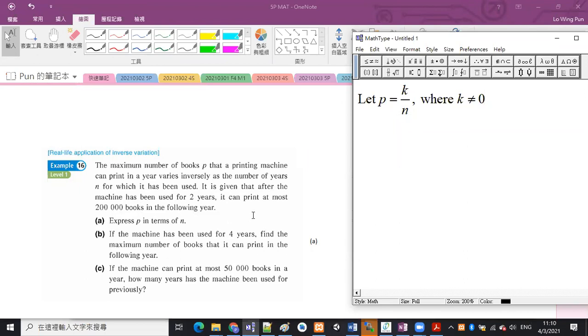OK， 2年用咗2年嘅話咧，咁嘅時候就會係可以印到20萬本書。OK， 咁呢度都好清晰係嘛？用咗2年，即係個 n 等於2嘅話咧，咁我哋就可以計到個 P 咧，就應該係20萬嚟嘅。OK， 咁我哋咪 put 翻個 n 等於2 ，P 等於20萬落去，就可以計到個 K 出嚟㗎啦。So put n equals 2 and P equals 200,000. Okay, into our equation. So 200,000 is equal to K over 2.